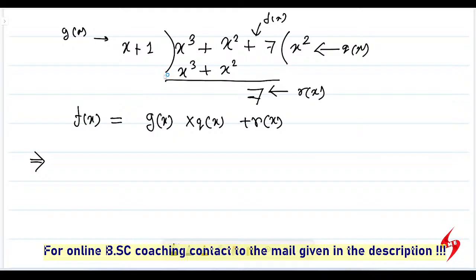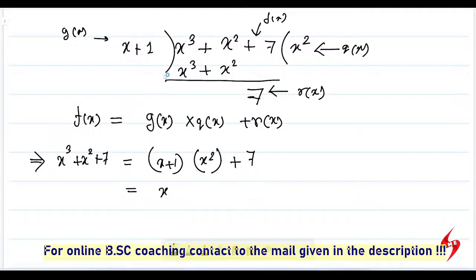Now verify this. This is my f of x, that is x cube plus x square plus 7, and this is my g of x, that is x plus 1. This is my quotient, that is x square, and this is my r of x, that is the remainder 7. So definitely that will be x cube plus x square plus 7, and both sides are equal, so verified.